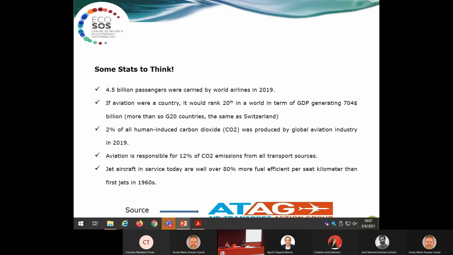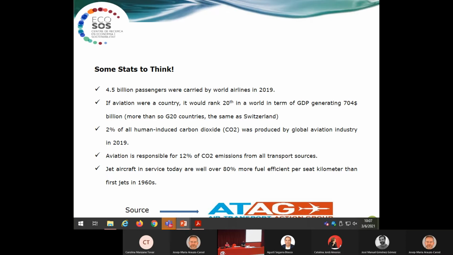Just consider that before coronavirus, back in 2019, more than 4.5 billion passengers were carried by the industry. And if it were a country, it would be the 20th biggest economy in the world, the same as Switzerland. So this is one of the biggest industries.